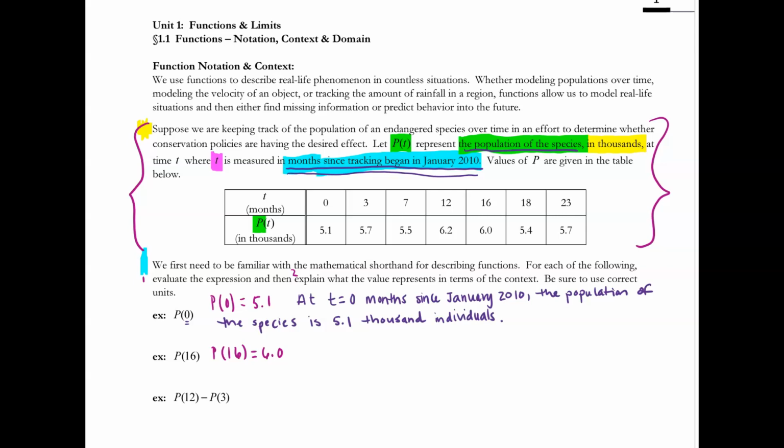So explaining that in context, what I would say is at t equals 16 months since January 2010, the population of the species is 6.0 thousand individuals.